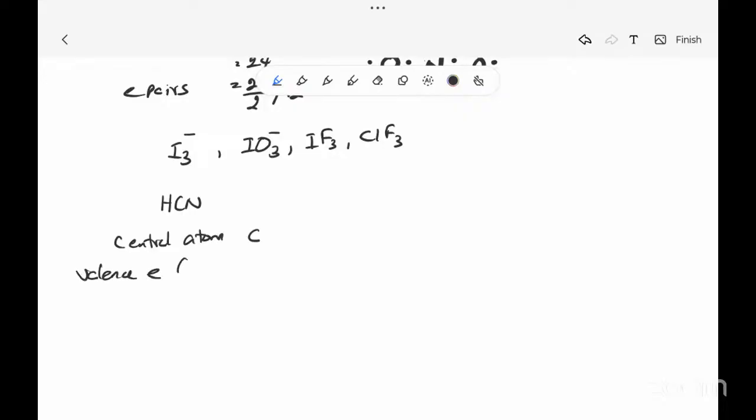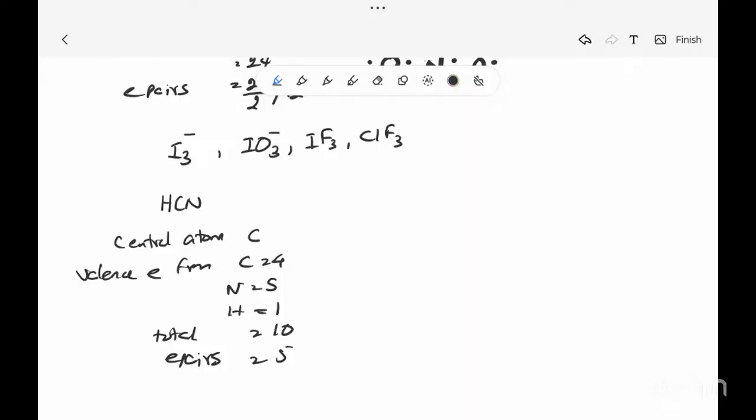Then valence electrons from carbon, that is 4, nitrogen 5, hydrogen 1. There is no charge. Then total, that is 8, E pairs 5, right?